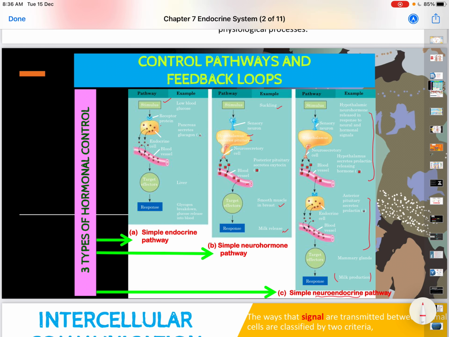So they involve two stimuli and two actions, one by the neurosecretory cell and then one by the anterior pituitary. There are two times the hormone is produced and released into the bloodstream.